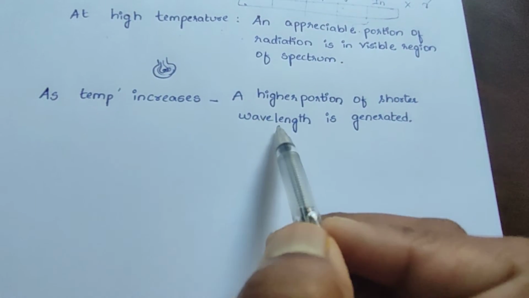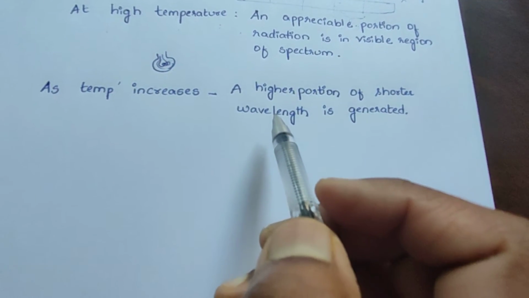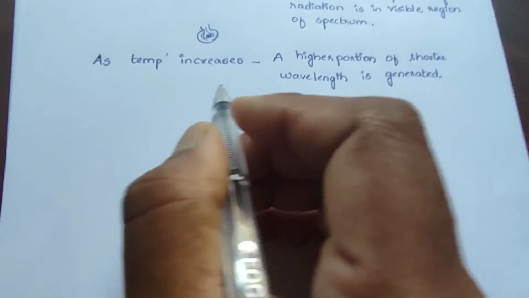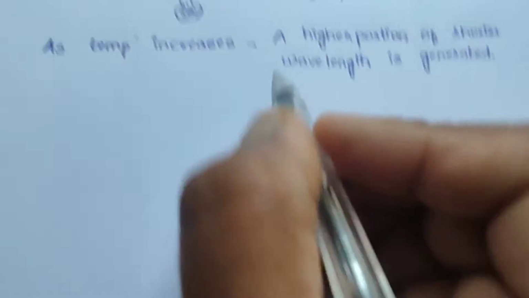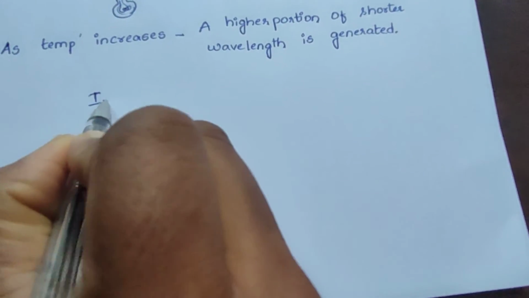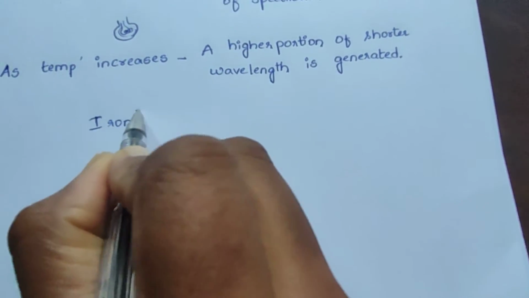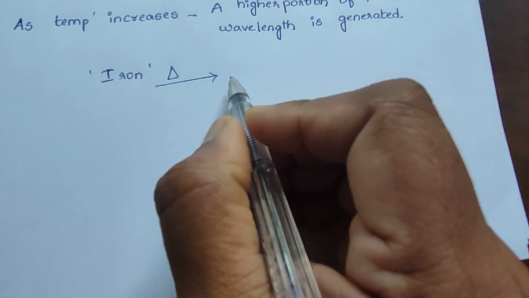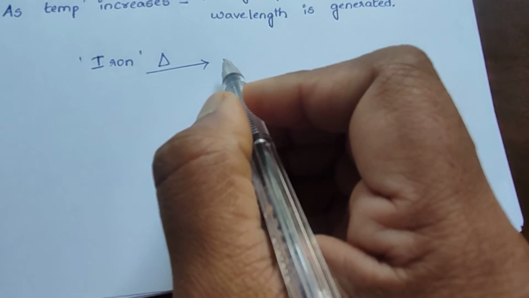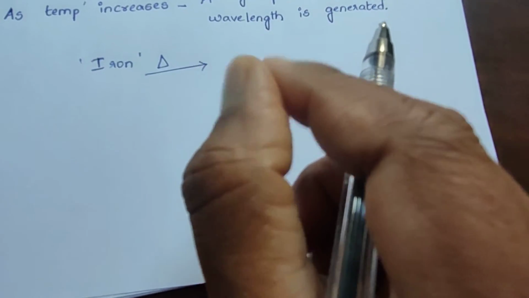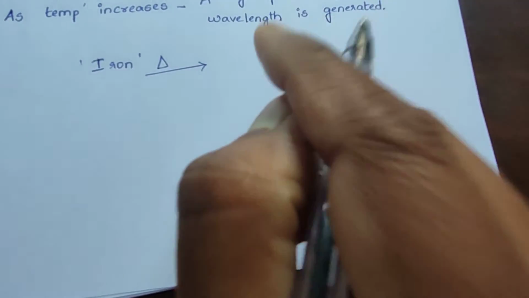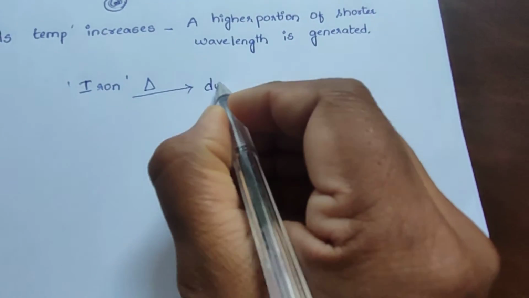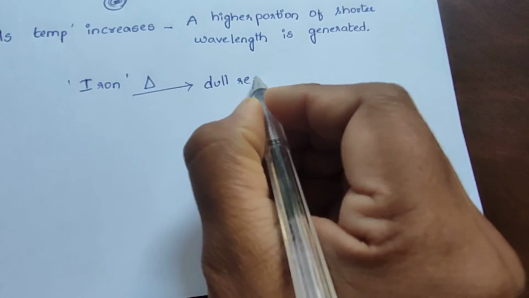Let me explain this with an example. When we heat an iron rod in a furnace at a particular temperature, you can observe the tip of the iron rod will be dull red.